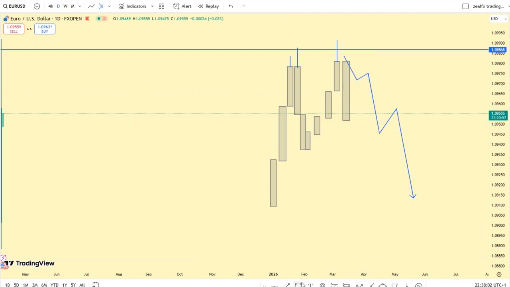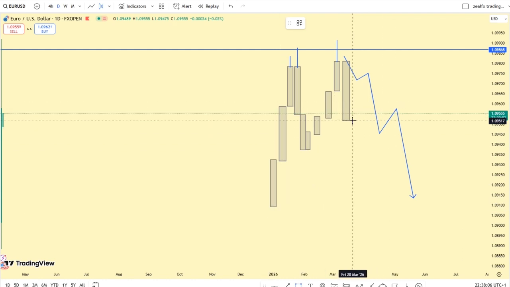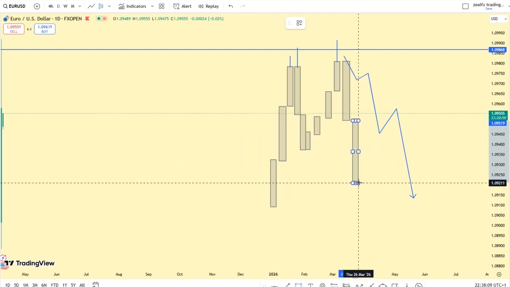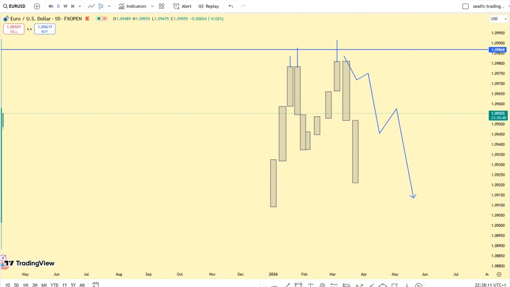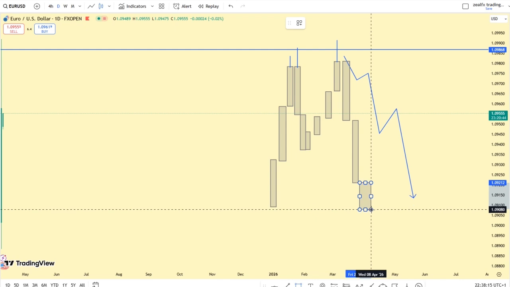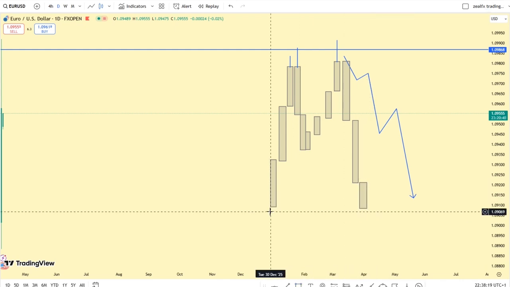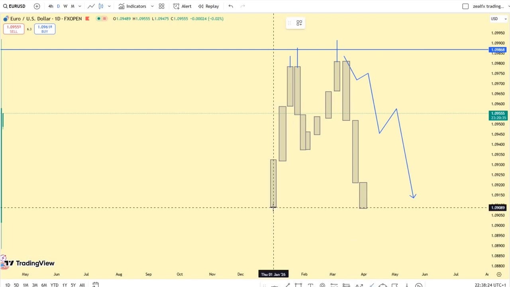Then when price dropped from that particular level, price moved to this support level. As long as price moved to this support level and price failed to break that support level, we now have a false breakout.